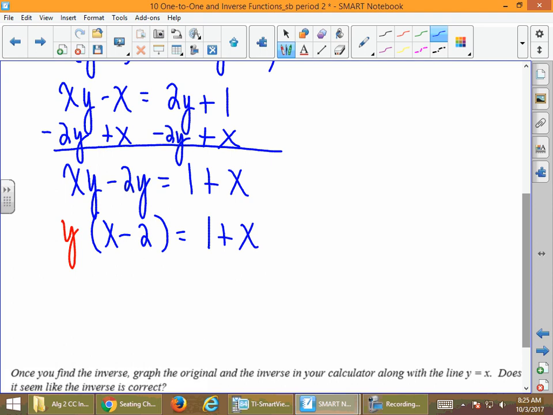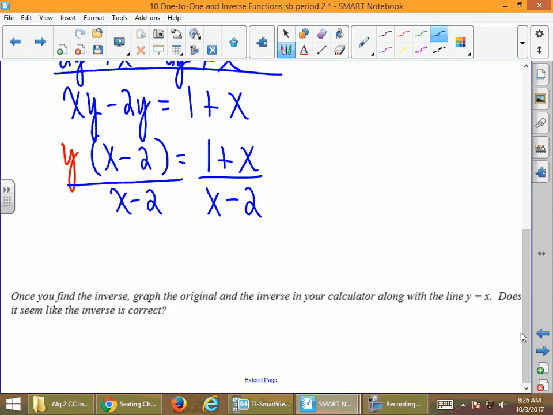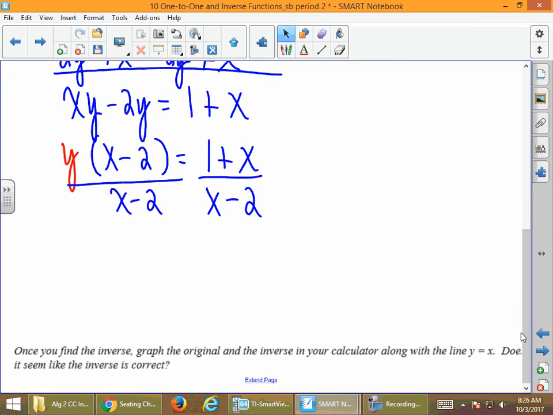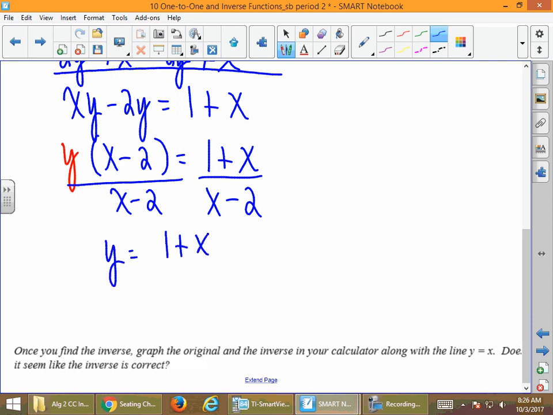Our inverse operation is to divide. And now we have our inverse, which is 1 plus x divided by x minus 2.